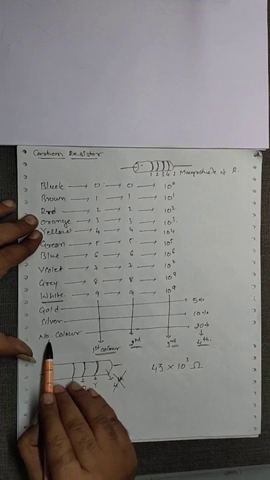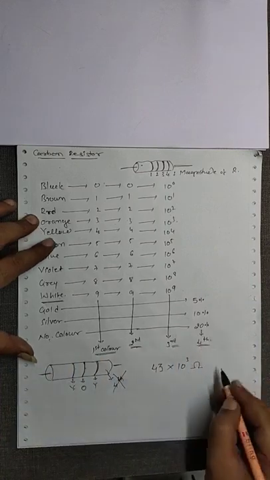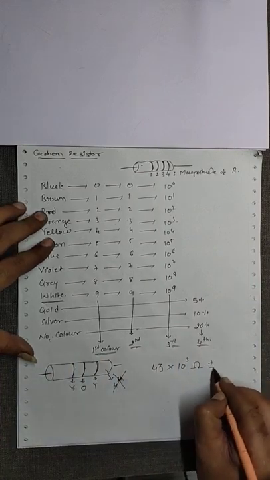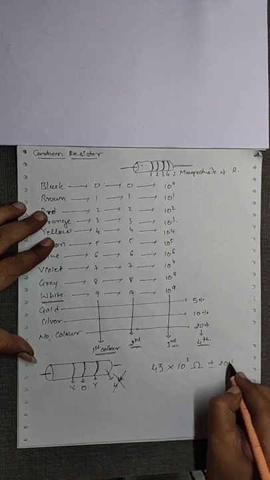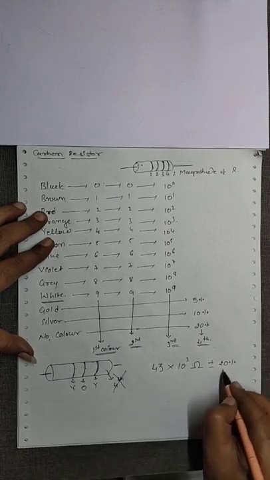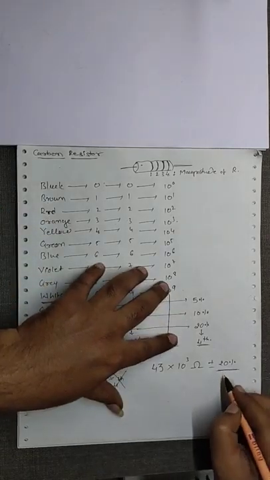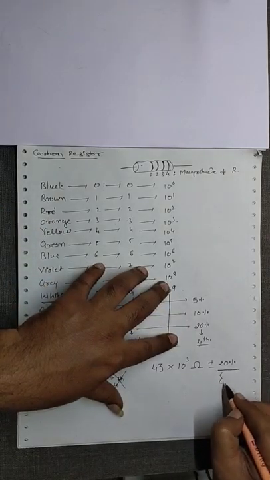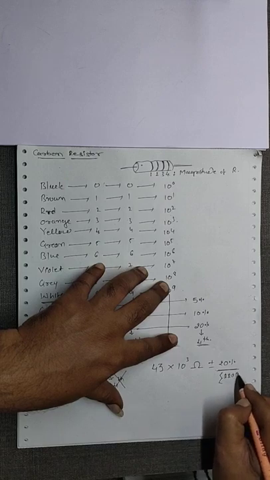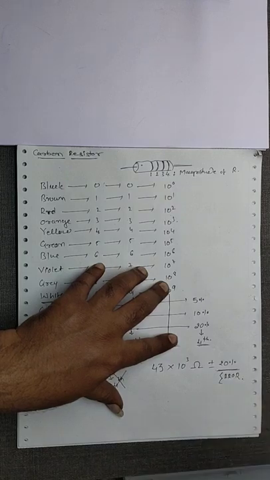Then if there is no color, you have to put plus or minus 20%. What is this? It is nothing but tolerance, or in simple language you can say it is error. Got it?